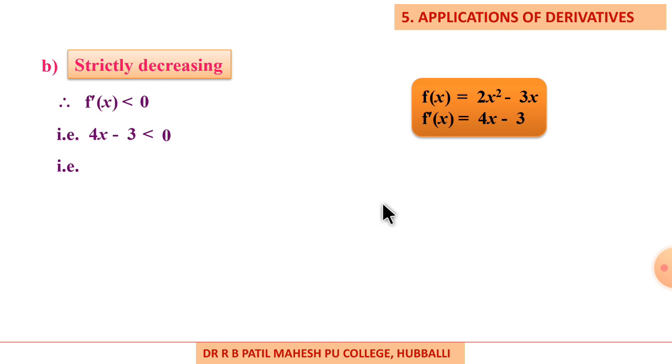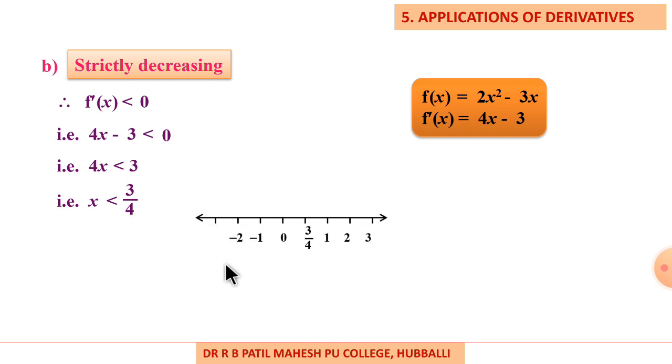Now you can simplify this. You will get 4x is less than 3, then x is less than 3 by 4. Now if you represent this on the number line, x value is less than 3 by 4. Less than 3 by 4 means 3 by 4 is not included, up to minus infinity.